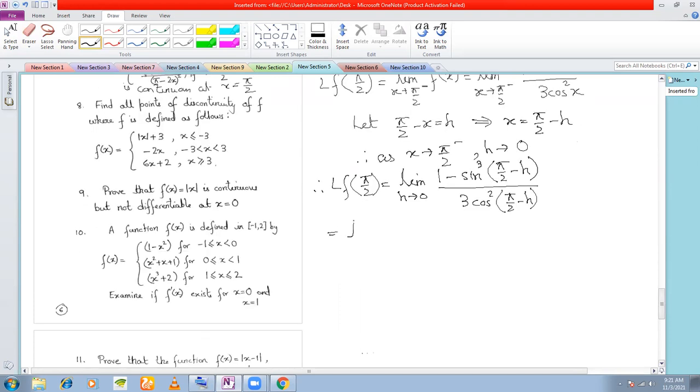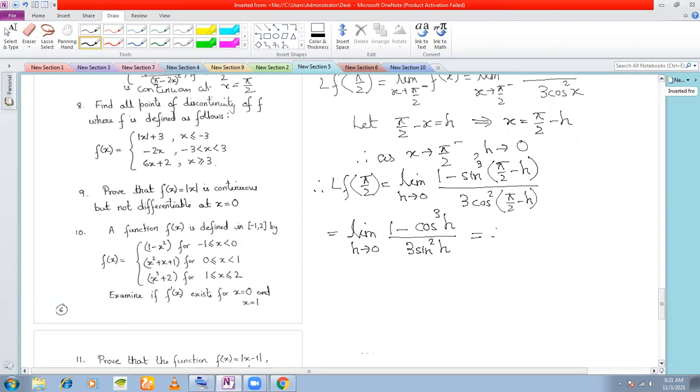So you get here limit h tends to 0, 1 minus sine pi by 2 minus h is how much? It is cos, right? So cos cube h divided by, again cos pi by 2 minus h is sine h, so this becomes sine square h, right?